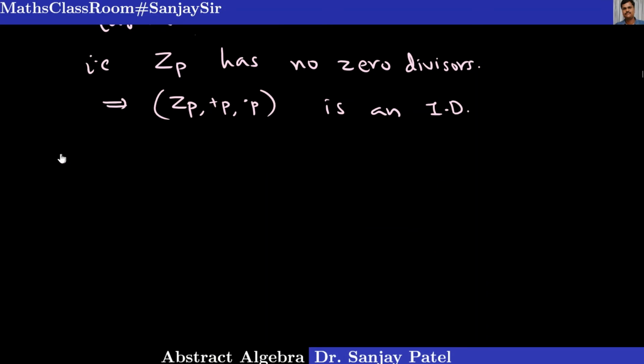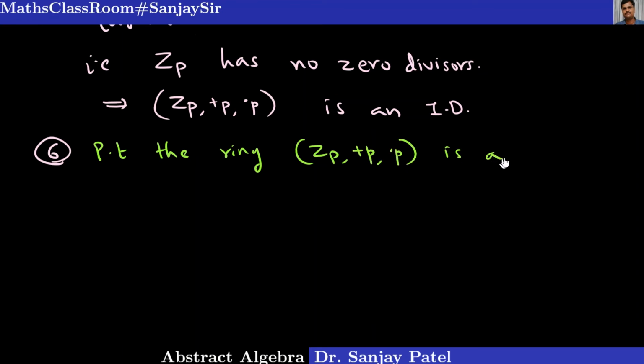Problem number 6. The last problem I am taking here is: prove that the ring Zp, plus p, dot p is a field if and only if p is a prime number.